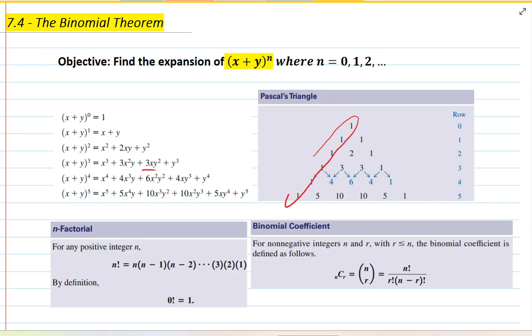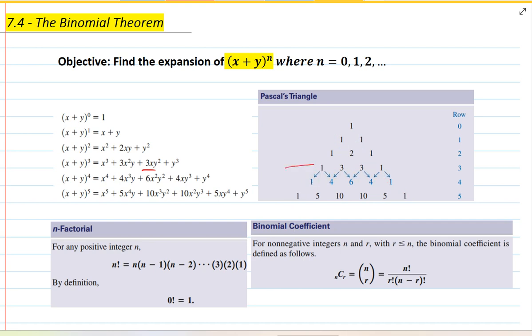Every row starts with 1 and ends with 1, other than the first row, which has just one number. So let's just not include that one. And there you go. Every row beyond row 0 has 1 in the beginning and 1 in the end. And then it has numbers in between. The numbers in between are found using Pascal's triangle in this way.